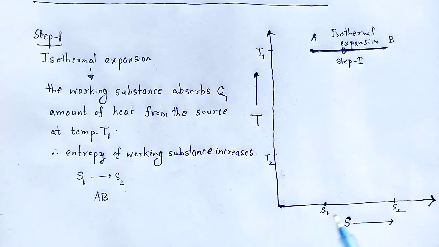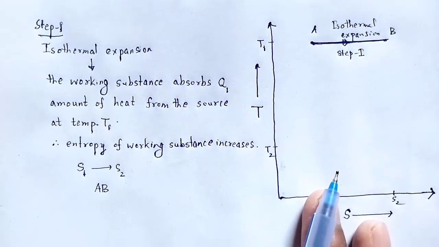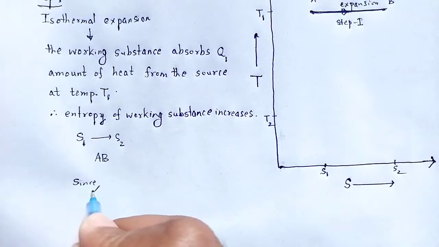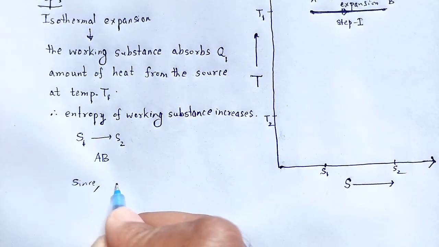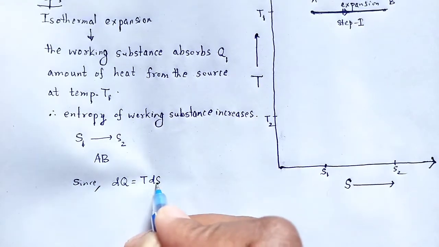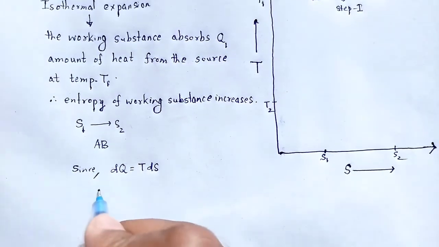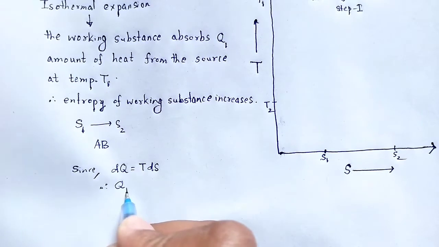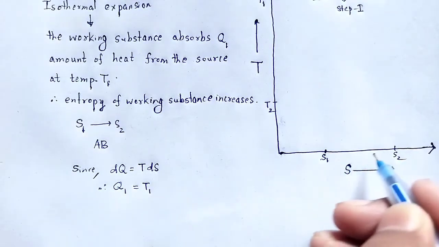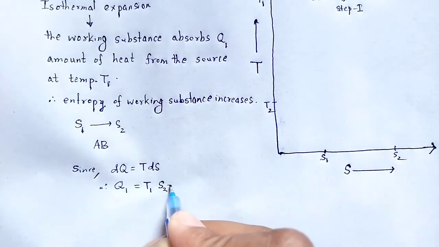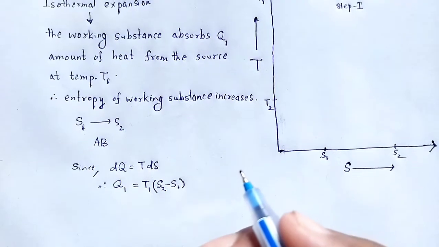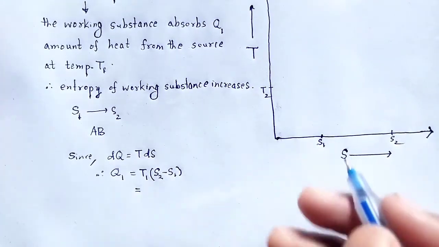What happened in step 1? Since dQ is equal to T dS, therefore Q1 is equal to T1 times the change in entropy, that is S2 minus S1. That is the area inscribed between the points.